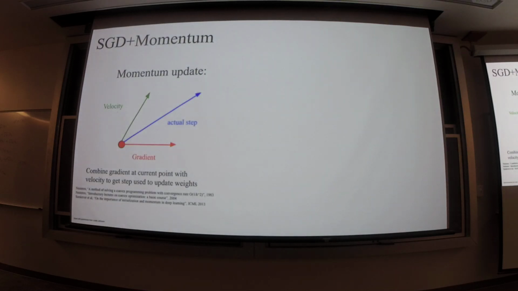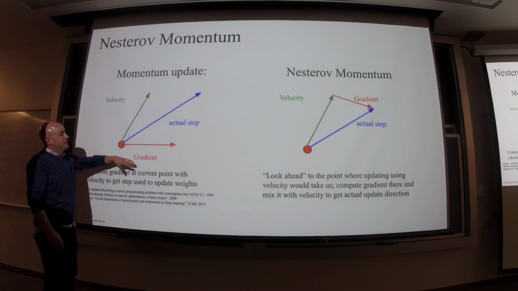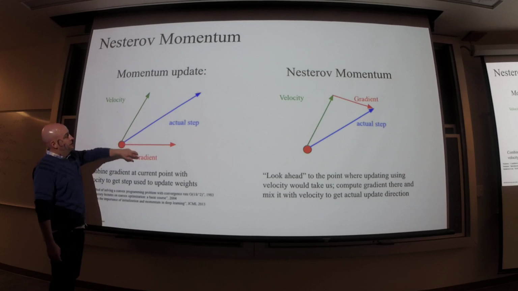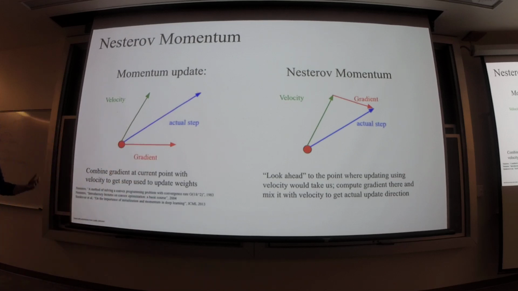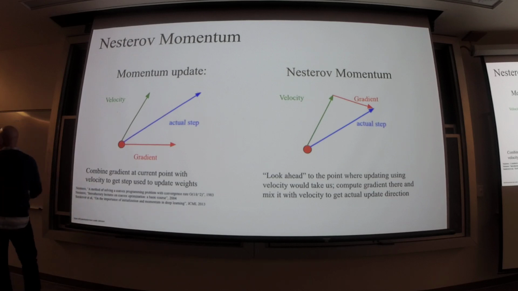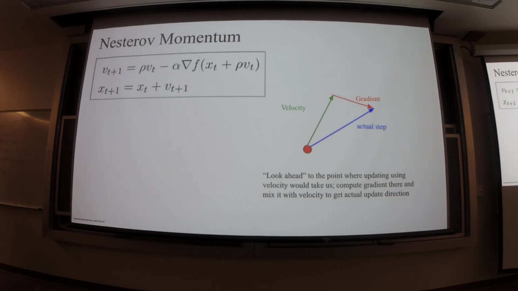There's some different ideas here. What we just did was calculating the gradient at the actual step, but there are different ideas, like Nesterov momentum, which is very similar, but you compute the gradient at the current velocity, kind of looking ahead to where you'll actually be. It's computed like this.